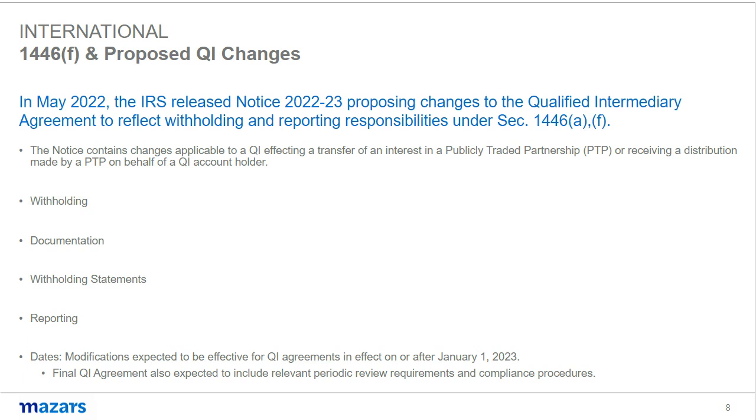And where that broker is a QI, these changes will cover what the QI's responsibilities are with respect to that sale. The changes cover your standard information reporting aspects, so withholding, documentation requirements, reporting.